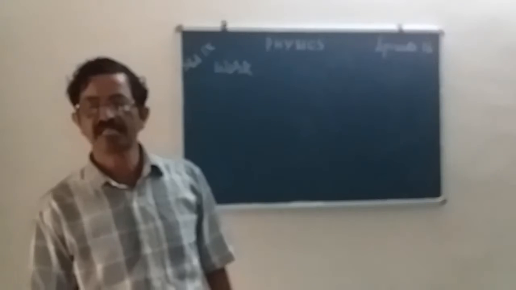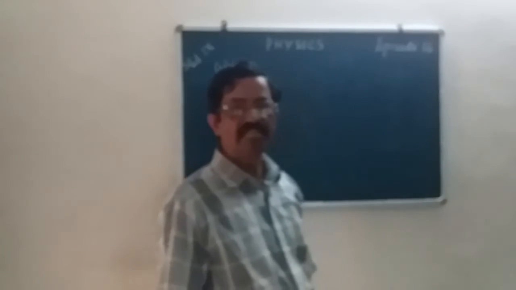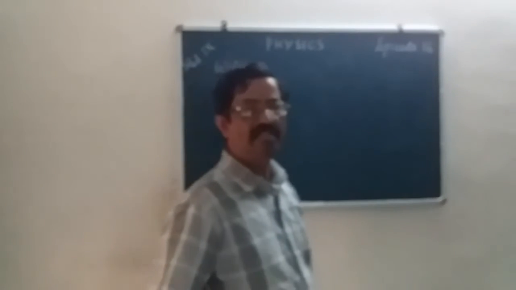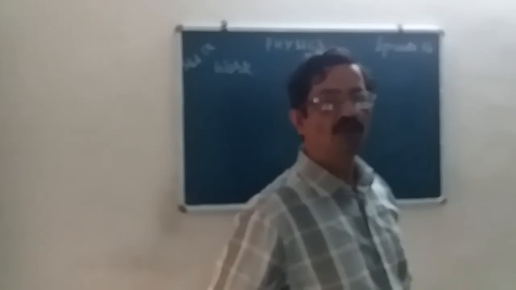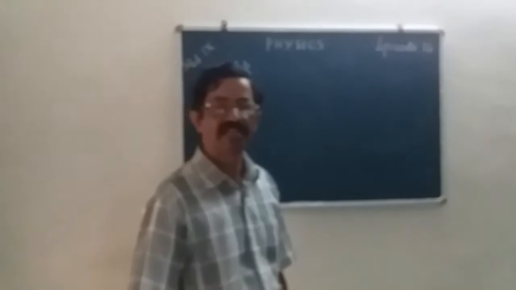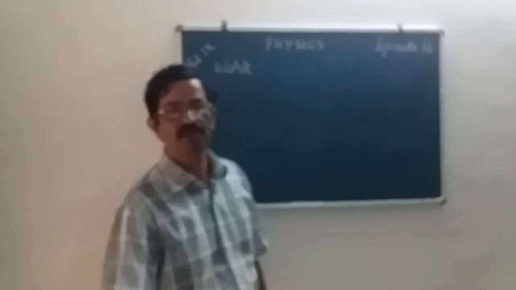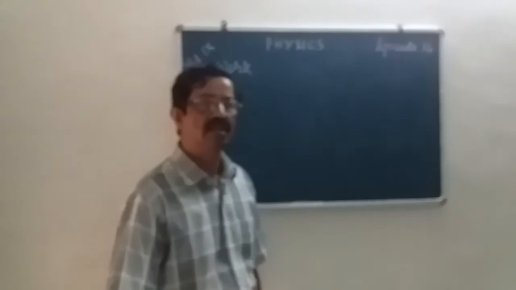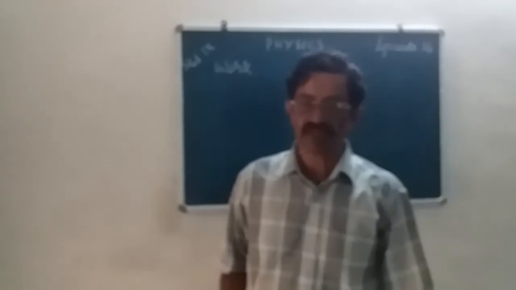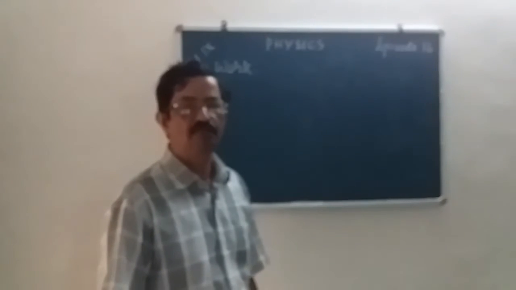When we consider living beings, or our day-to-day life, we are doing many different types of work. Suppose when we are writing, when we are reading, when we are pushing a wall, or an organism is jumping. In all these cases, we consider different types of work.